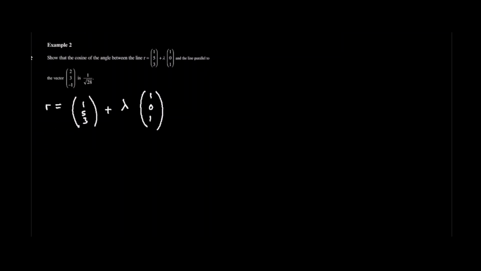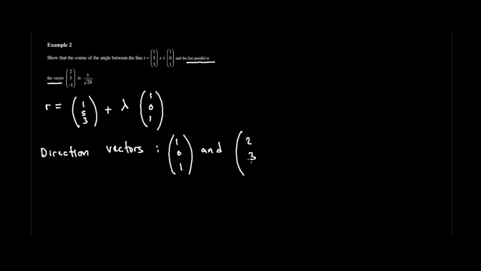So here the statement, and the line parallel to the vector 2 3 minus 1, is telling us that it is a direction vector. So our direction vectors are like this. From the line, our direction vector is 1 0 1, and from this statement, and the line parallel to the vector 2 3 minus 1, this is also a direction vector.